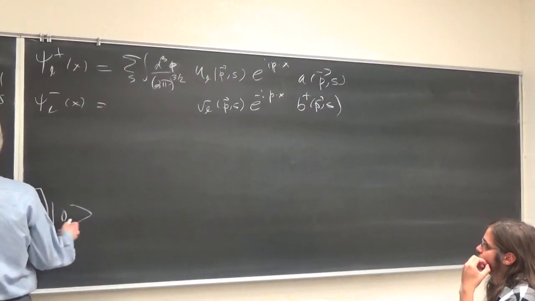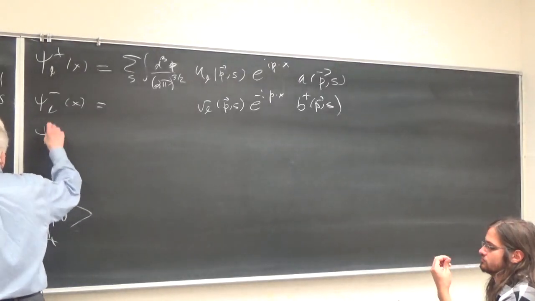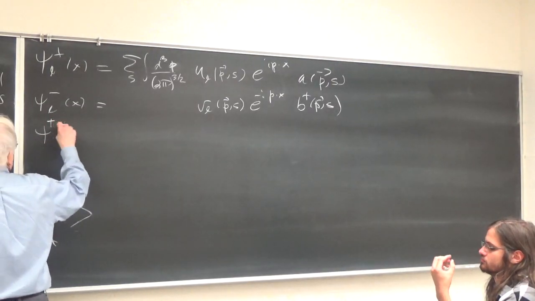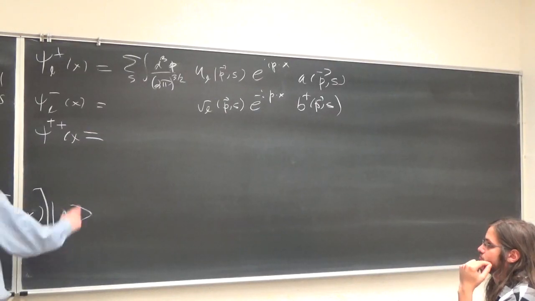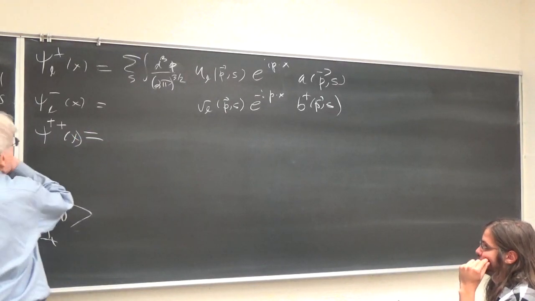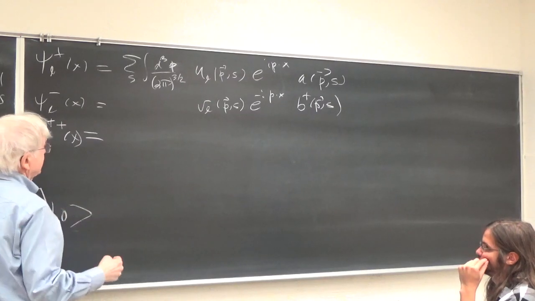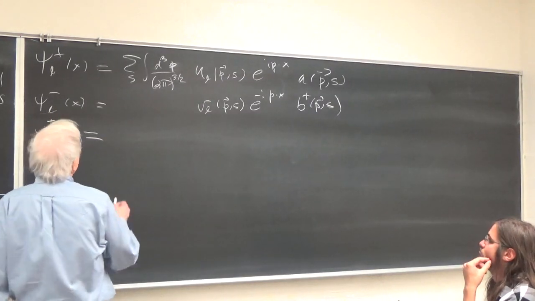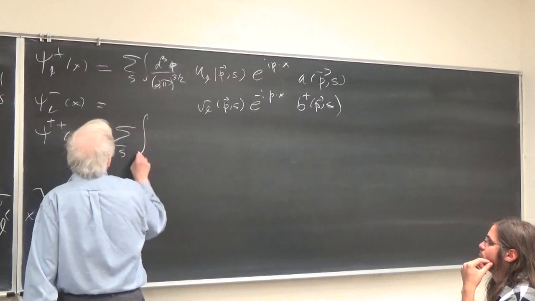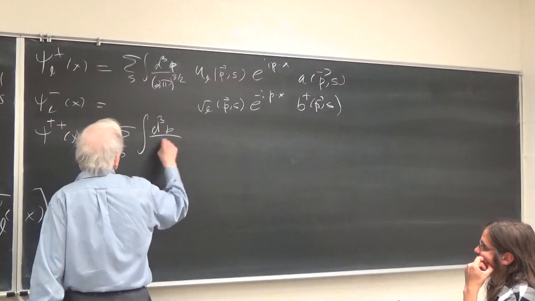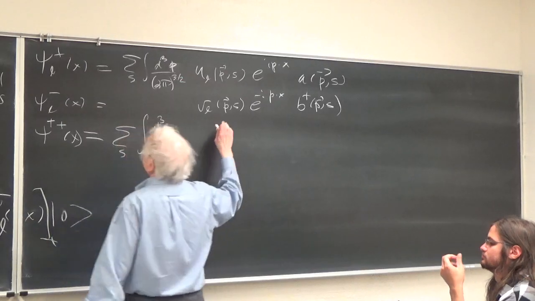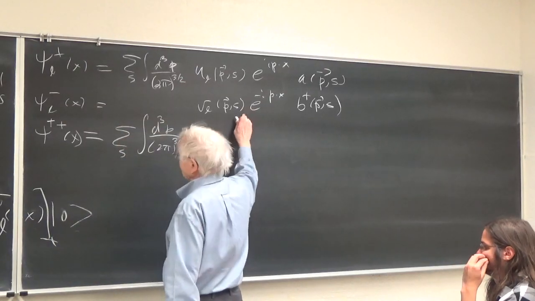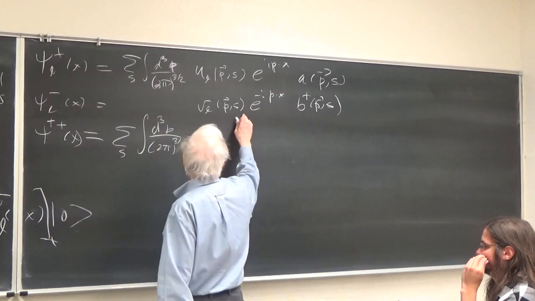And then, if you have psi dagger and ask for its plus part, what would that be? Well, psi dagger plus would be the sum over S, integral d3p over 2 pi to the 3/2, it would be the adjoint of this.